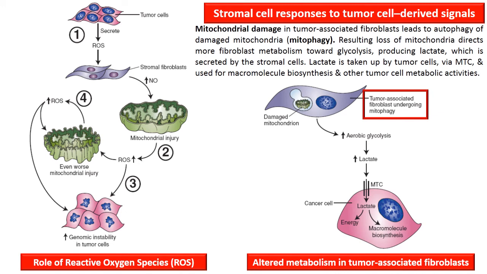As this damaged mitochondrion is eaten up by the cell itself, it will increase the aerobic glycolysis, and increased aerobic glycolysis in turn will increase the lactate concentration in that environment that will be taken up by the tumor cell through monocarboxylate transporters, and when this lactate is taken up by the tumor cells, it is used for the formation of energy, and also as a substrate for the macromolecular synthesis.